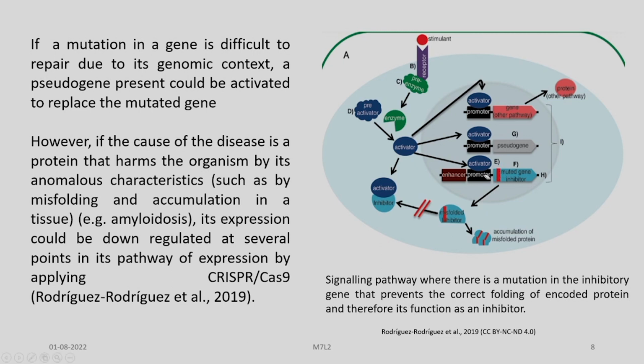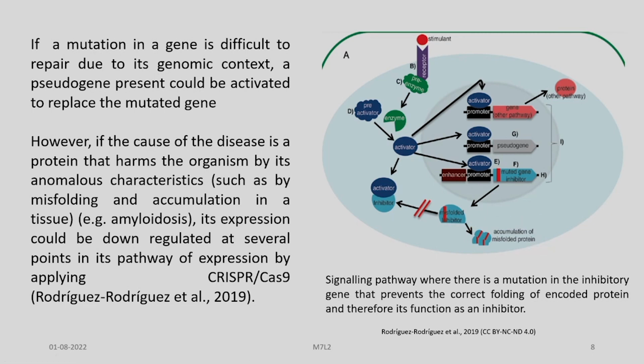Due to this mutation, when this gene is transcribed and translated, it may become misfolded, and as it is misfolded, if it is an inhibitor protein, it won't be able to act like an inhibitor to the activator, and therefore it will accumulate inside the cell system.